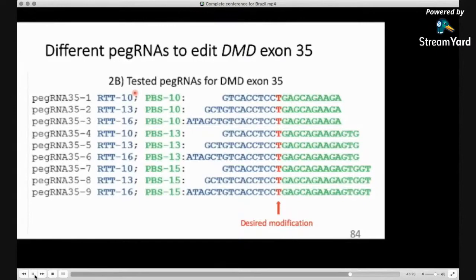As you can see, we have varied the reverse transcriptase template in blue from 10 to 16 nucleotides, and we have also varied the primer binding site in green from 10 to 15 nucleotides. And at the desired mutation site, we have introduced a T to introduce that mutation.